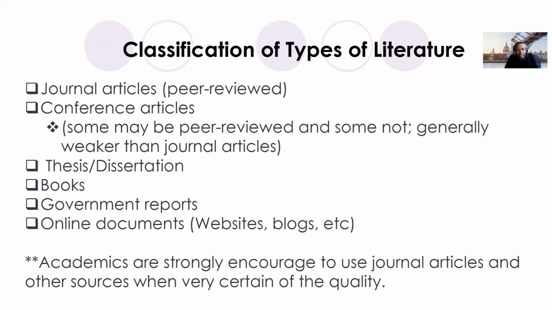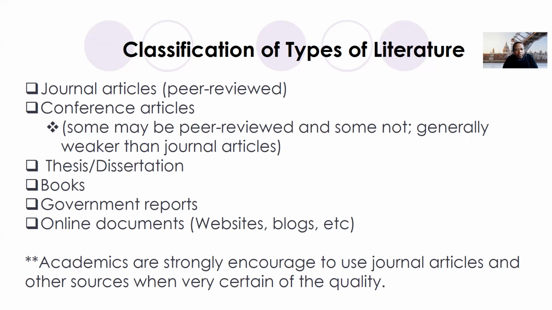Then we have conference articles, which might be peer-reviewed to some extent. Some also may not be peer-reviewed, but it's generally weaker than journal articles, although you may have some exceptions. I've read some conference articles that are quite good and of high quality.